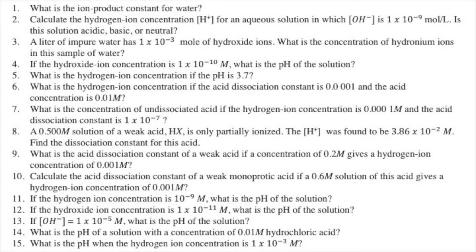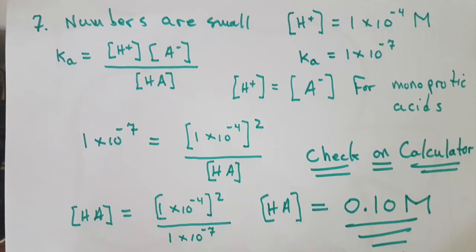Number 7 is going to be very similar. What is the concentration of undissociated acid if the hydrogen ion concentration is 0.0001 molar and the acid dissociation constant is 1 times 10 to the negative 7? So you see the Ka is very small, but now what you're going to calculate is the HA in the denominator.